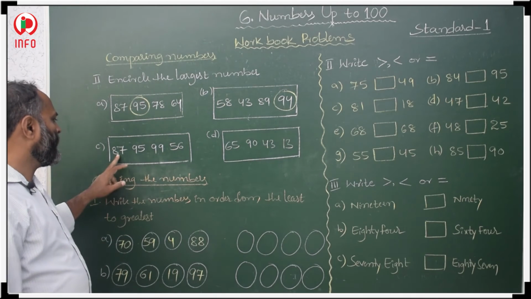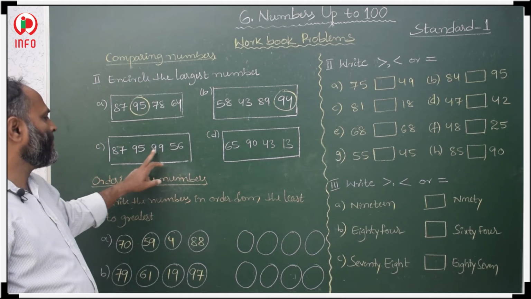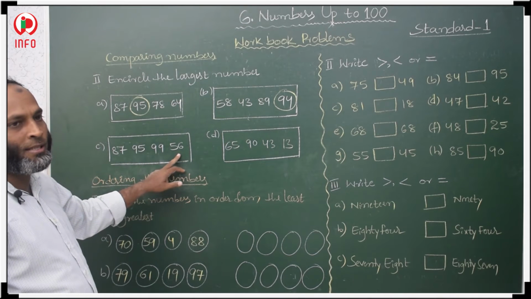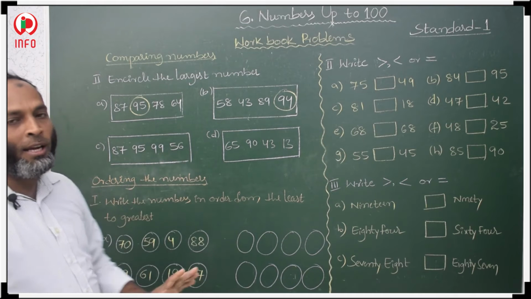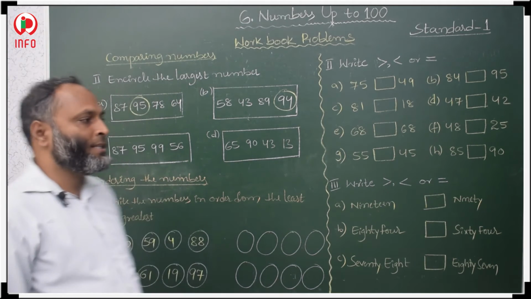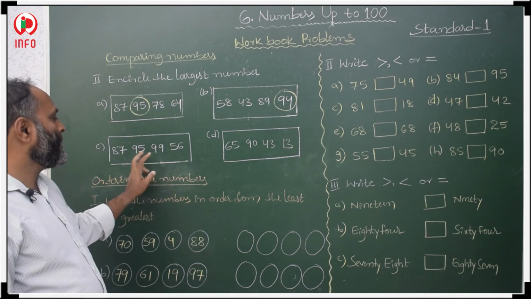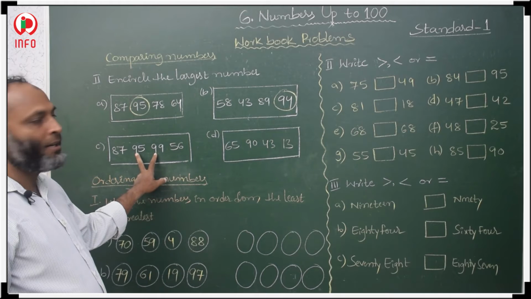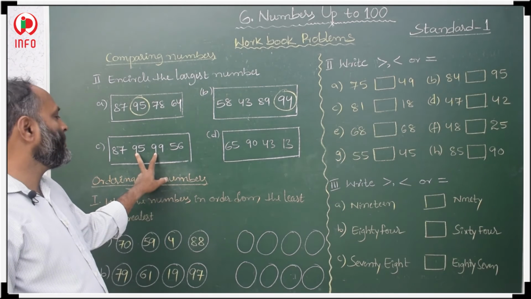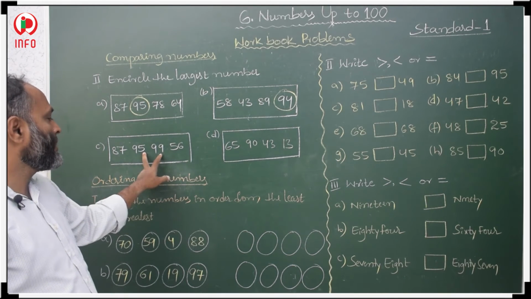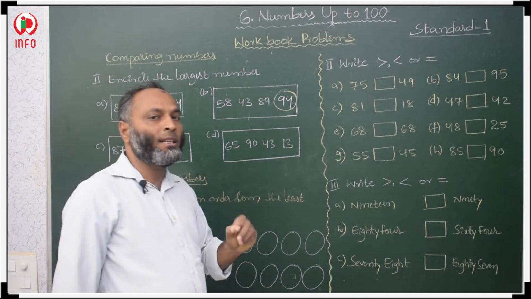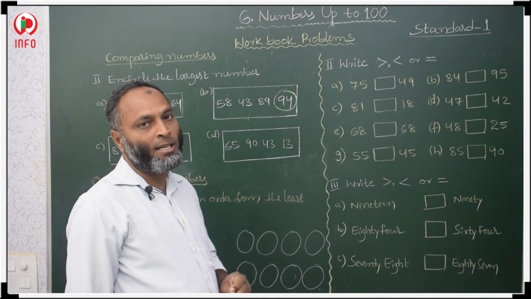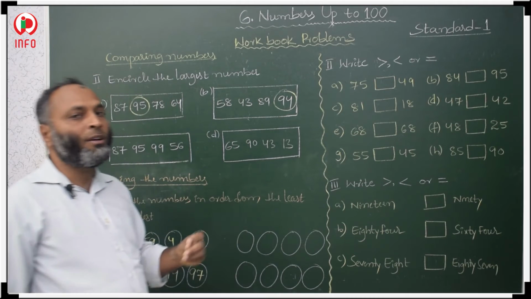Next 87, 95, 99, 56. 8, 9, 9, 5. Here 9 is larger, we have two 9s in tens. In these two equal tens place values, you check ones place values. If two equal numbers are there in tens, then you go for ones.